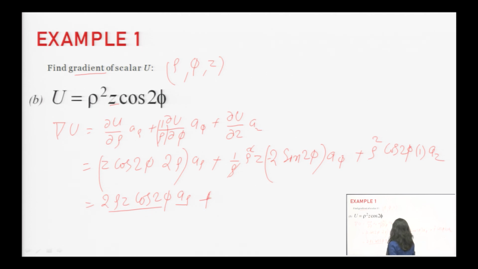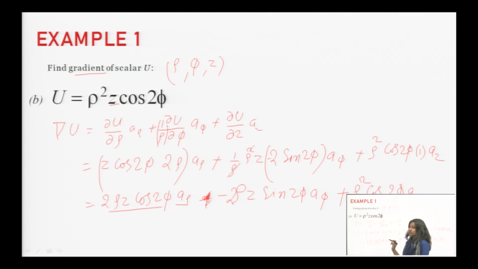So we will replace this plus by minus: 2 rho z sine 2 phi a phi, plus rho square cos 2 phi a z.